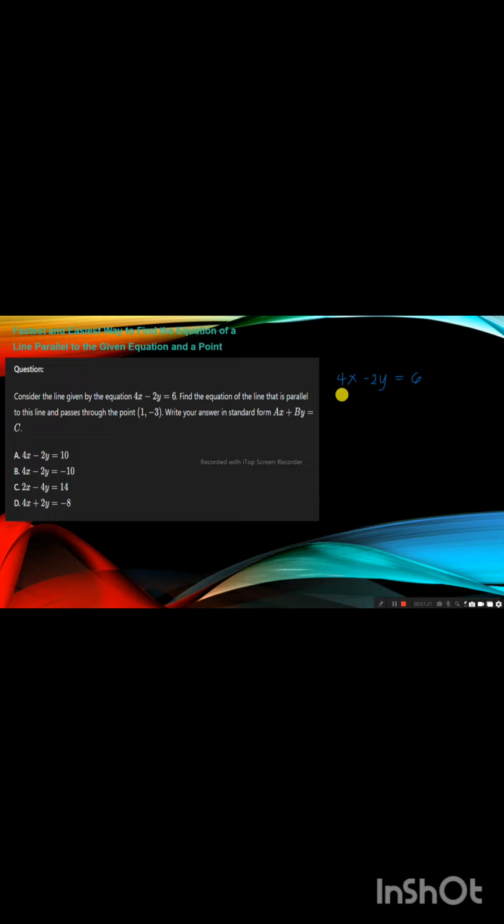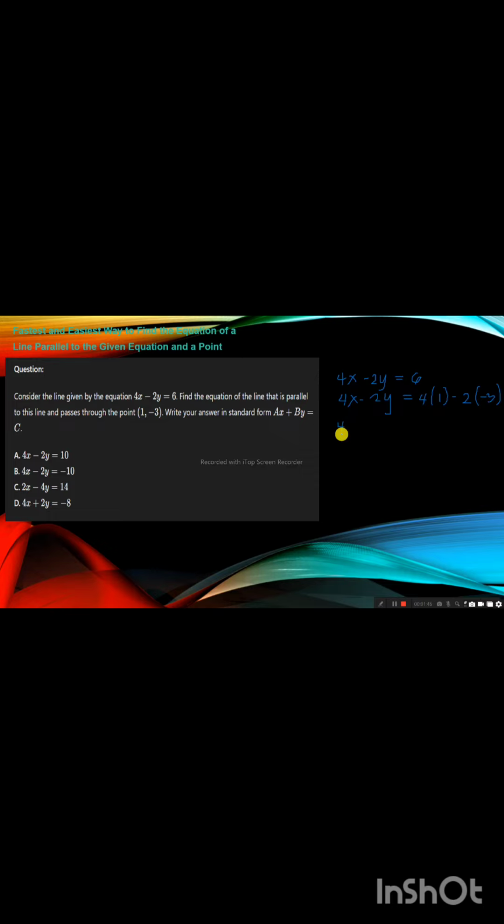So we are going to copy the left side of the equation and then equals 4 multiplied by the x coordinate, which is 1, copy the sign, minus 2 multiplied by the y coordinate.